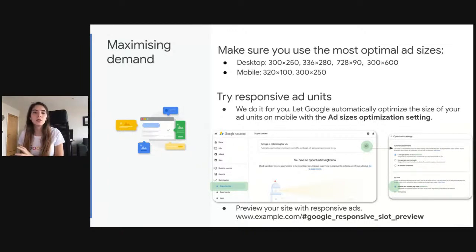When you switch your ad unit to responsive ad units, we do all of the sizing and auctioning for you. So you let Google automatically optimize the size of your ad units on mobile with the ad sizes optimization setting, and you can still introduce responsive ad units for desktop.